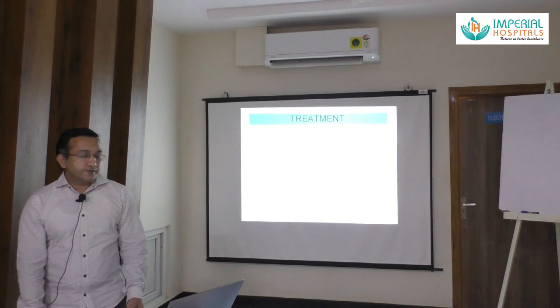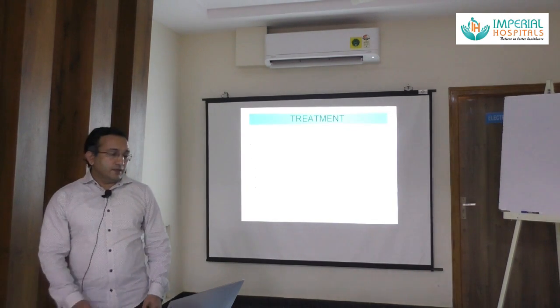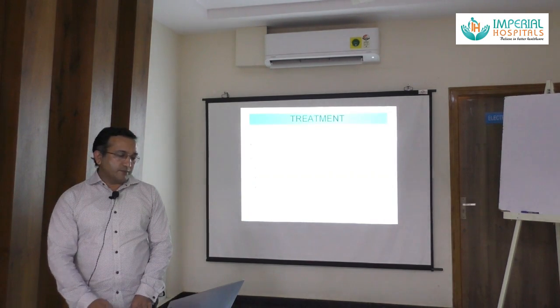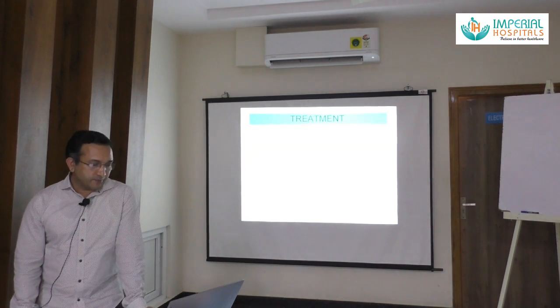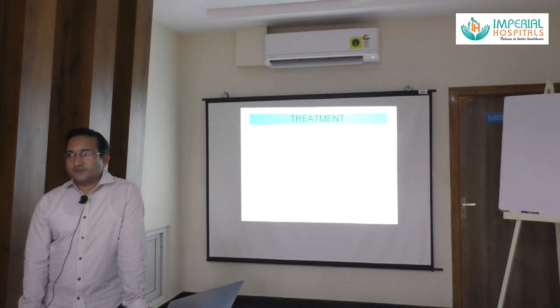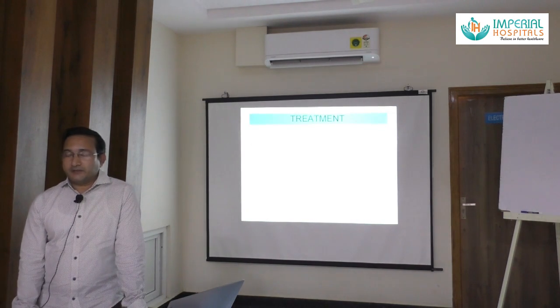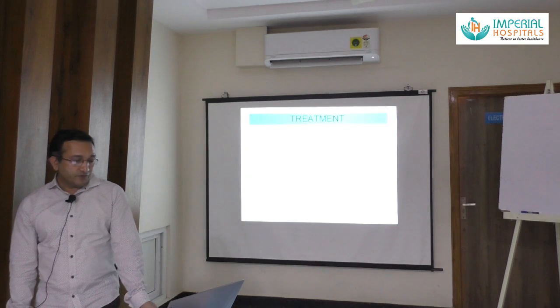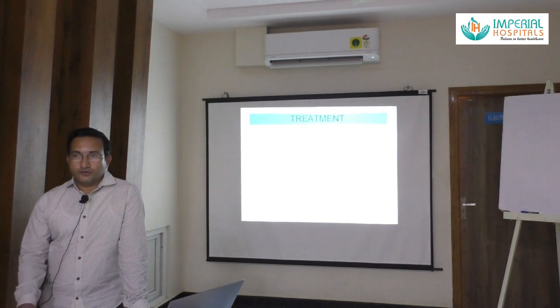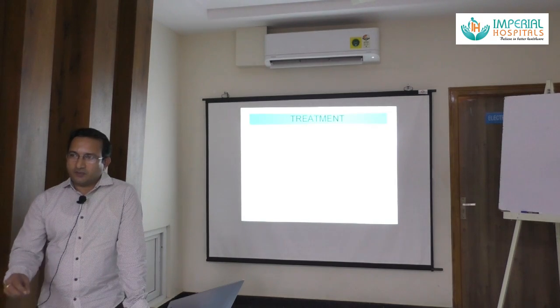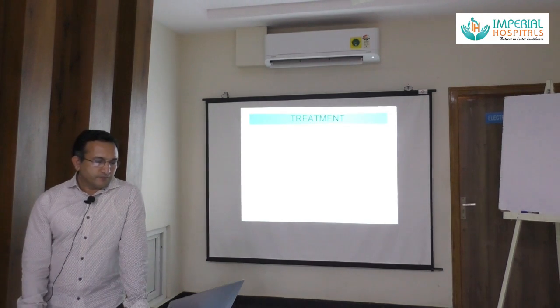Coming to the treatment, the rapidity of the drop in sodium levels is directly responsible for the severity of the symptoms. Considerations for treatment: first, the severity of the symptoms, whether it is acute or chronic hyponatremia, and next, whether you should use an arginine vasopressin antagonist, normal saline, or hypertonic saline.